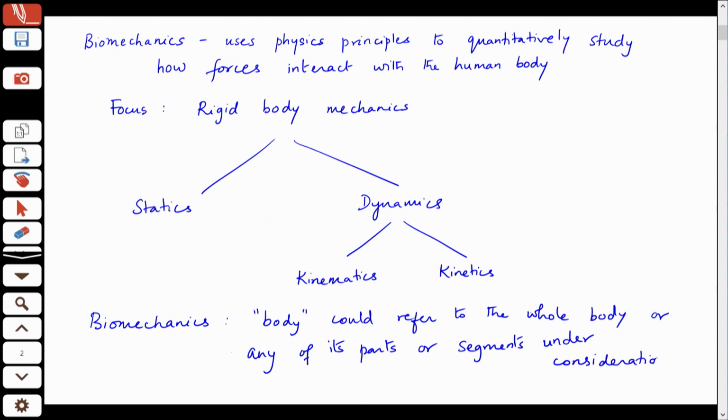So, if we are looking at forces in the arm, for instance, or if we are studying the arm, then if I talk about the body there, I am only talking about the arm itself, not the entire body.